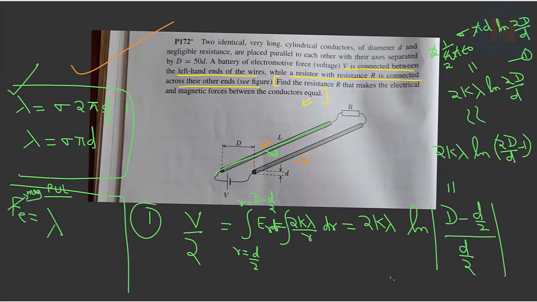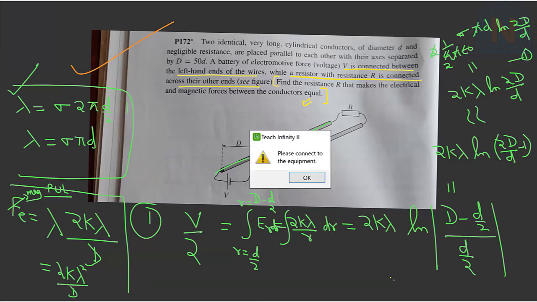So lambda आ गया per unit length into field. So I think we will write, because D is large, so it is 2k lambda divided by capital D. Now I think things are getting in place, because अब आप सिग्मा के टर्म में मत लिख के ऐसे लिख लो. So it is 2k lambda square upon capital D. That is my equation number 1.